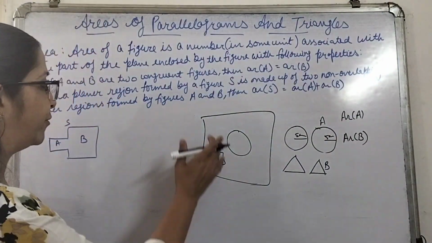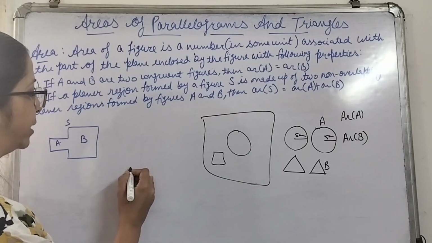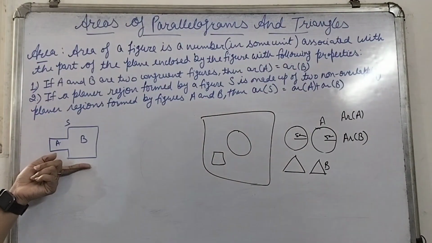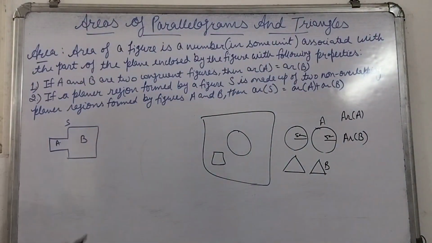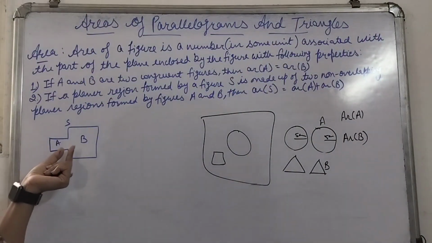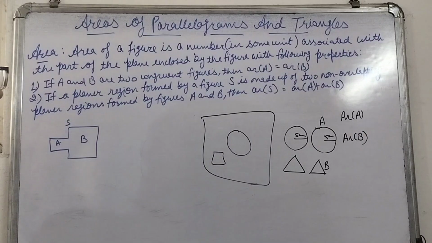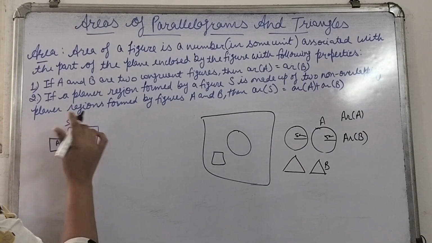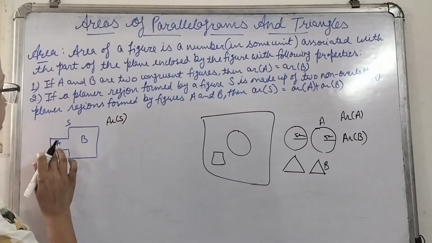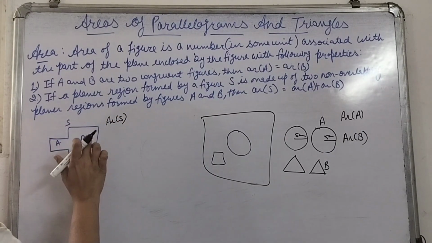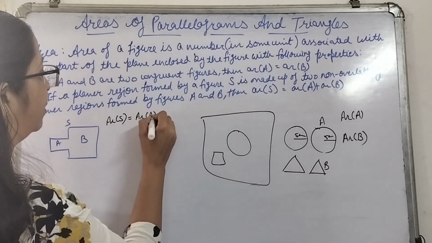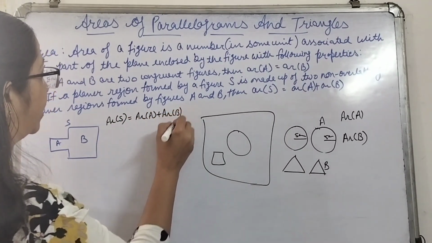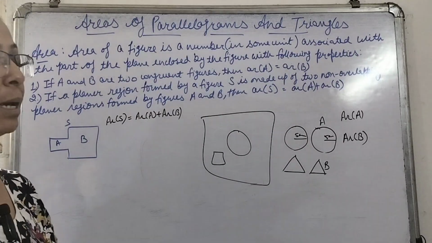Now suppose in a plane there are two figures, like these two. This is your figure A, this is your figure B, and they are not overlapping each other. This figure A is not overlapping the figure B. And overall this is your figure S. Then the area of S will be the sum of the area of A plus the area of B, because they are non-overlapping figures.